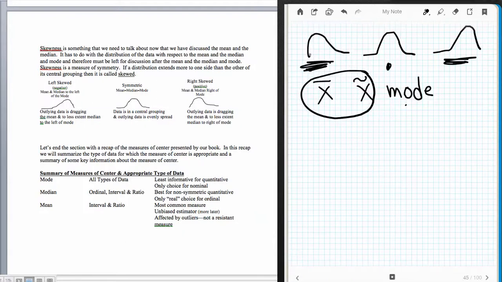So this one, the right skewed, is the mode being over here, and then my mean and my median being over to this side. Now, sometimes the mean will be even further over than the median, and sometimes it won't. So you might think that you could gauge based upon those, but it's not necessarily a good measure. So this is what we call the right skewed. And another name for that is positively skewed data.